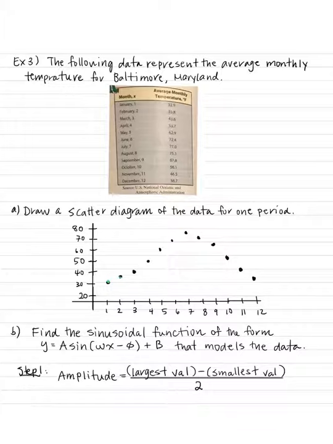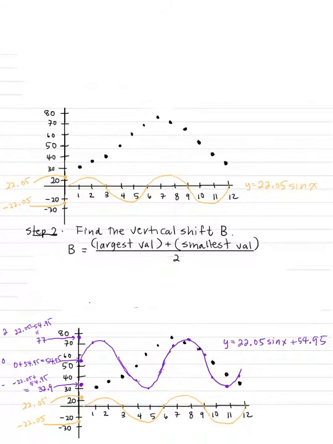Part B is to find the sinusoidal function of the form y equals a sine of omega x minus phi plus b that models the data. Step number 1, we have to do the amplitude. We're looking for the value of a, so it's the largest value of the data minus the smallest value of the data, whole thing divided by 2.